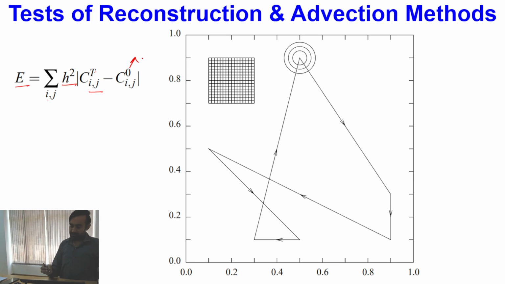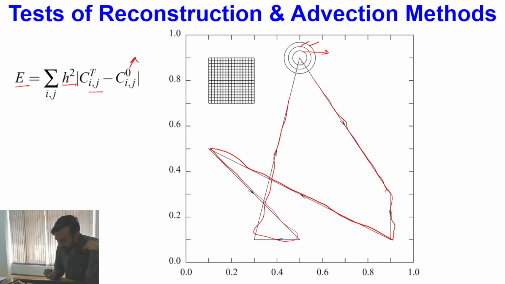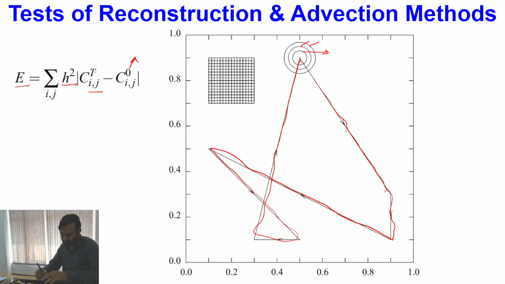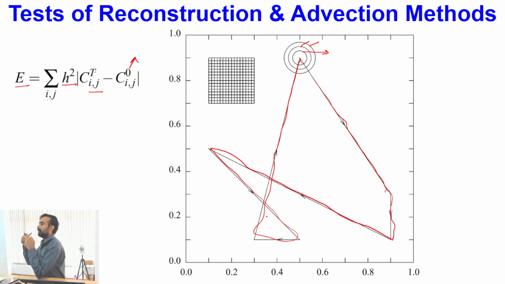So the test is simple. You have three circles of different radius, and these circles are linearly translated along this path. If there is no velocity gradient and the complete circles are just translated along this line, then at any point of time, the circles should preserve their shape.